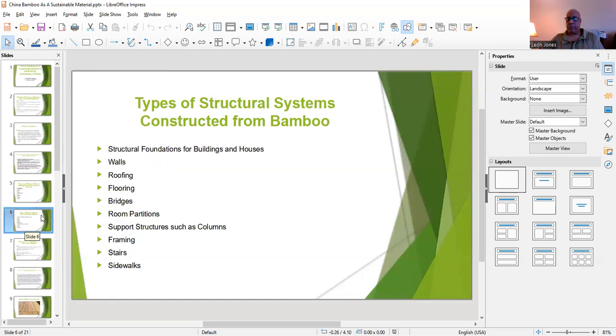Also, bamboo can be used for structural systems. I'm talking about structural foundations for buildings and houses, walls, flooring, roofing, bridges, room partitions. Now, when I talk about a room partition, most people believe that walls are inside of a house or a building.